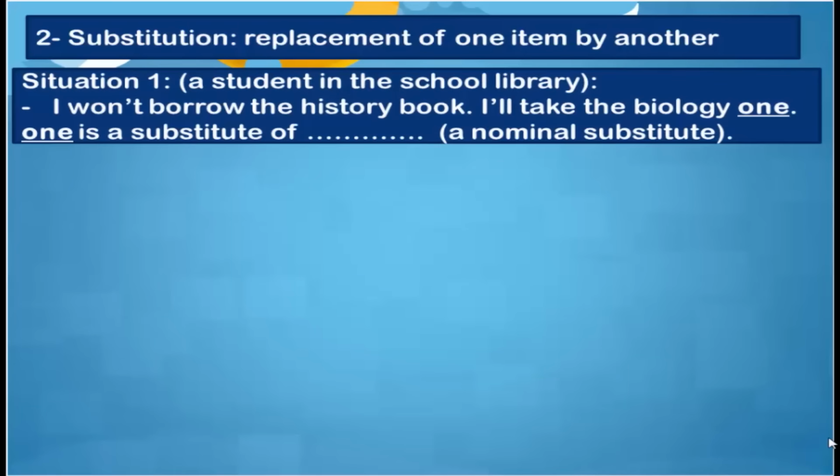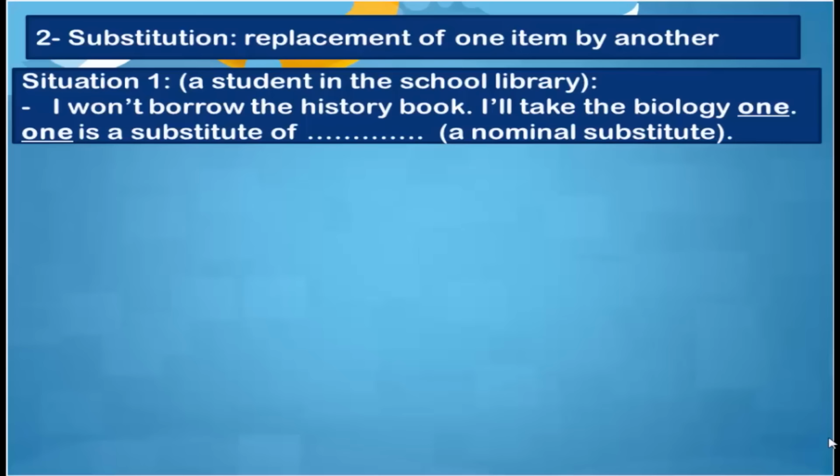Number 2, substitution. Means the replacement of one item by another. Let's see in this situation. A student is talking to the librarian. He says, I want to borrow the history book. I'll take the biology one.